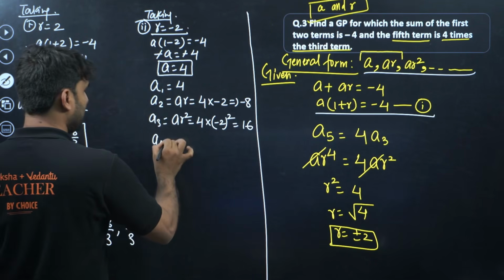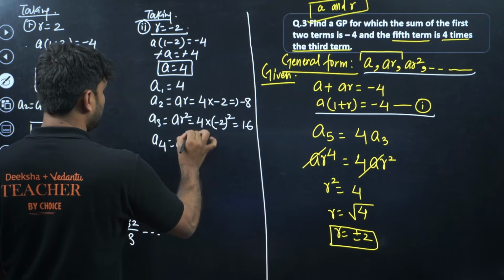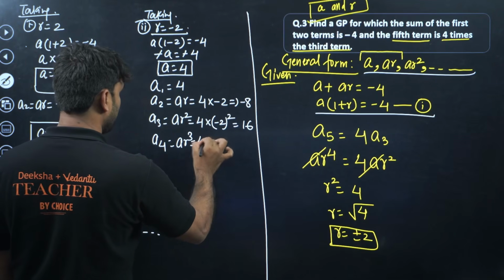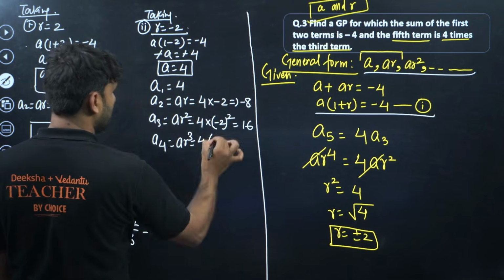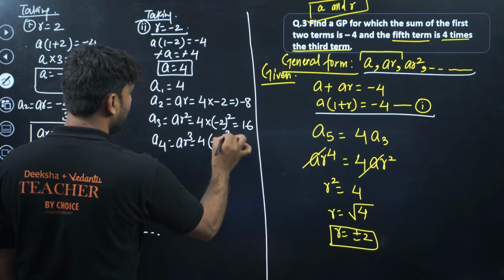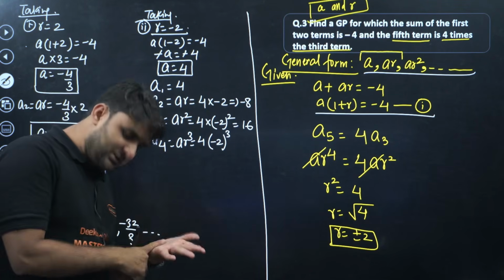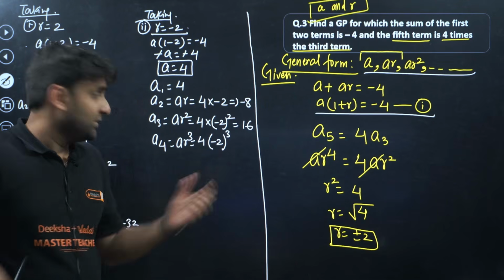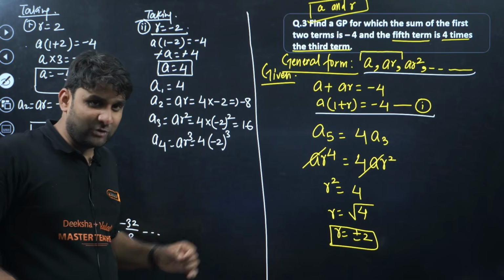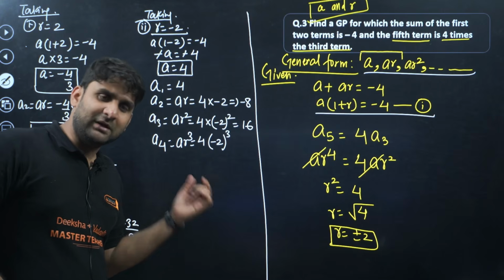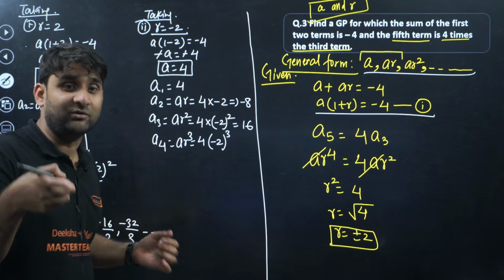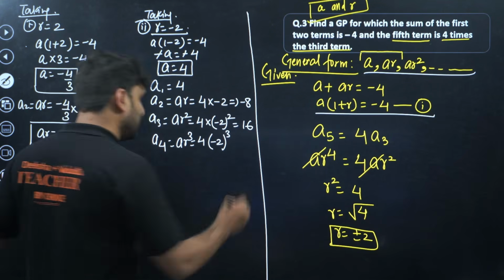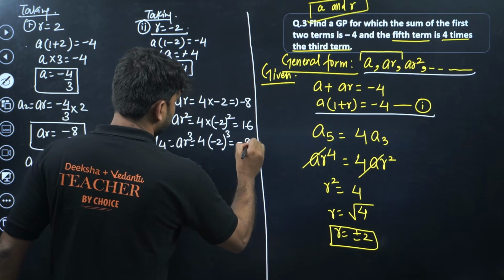Similarly, the fourth term, AR cube. A is 4 and R cube is minus 2 cube. Do you know what minus 2 cube is? Minus 2 into minus 2 into minus 2, which is minus 8. Negative value and the power is odd, so the result will be negative. And minus 8 into 4 is minus 32.